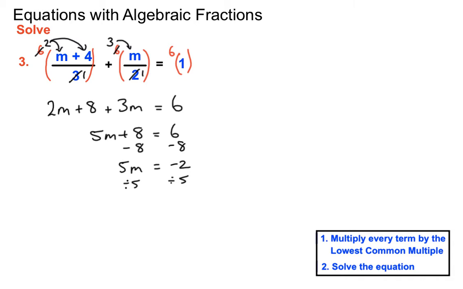That'll cancel out on the left hand side. A multiplying of 5 and a dividing of 5 will cancel each other out, leaving us with m on its own, and that's what solving an equation really effectively is. We get minus 2 over 5. Now we can just write that as a fraction, minus 2/5, because the bottom of any fraction divides into the top anyway.